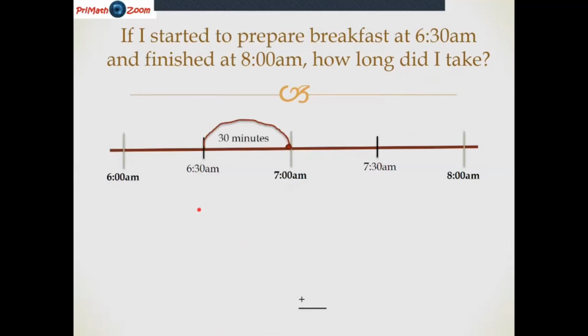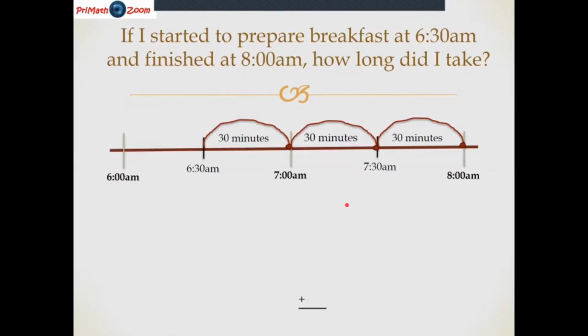Since we started at 6:30 a.m., that's where we're going to start on the number line, and we are going to use half-hour intervals. From 6:30 a.m. to 7 a.m., there are 30 minutes. From 7 a.m. to 7:30 a.m., there are 30 more minutes. And from 7:30 a.m. to 8 a.m., there are 30 more minutes.